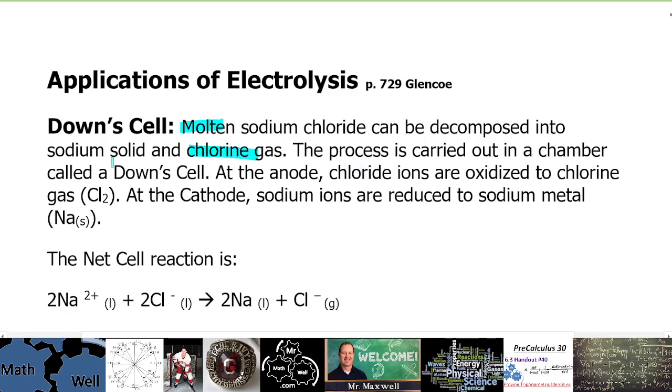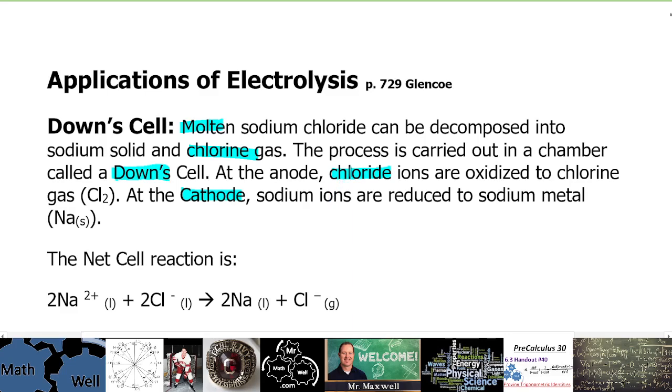At the anode, chloride ions are oxidized to chlorine gas. At the cathode, sodium ions are reduced to sodium metal.